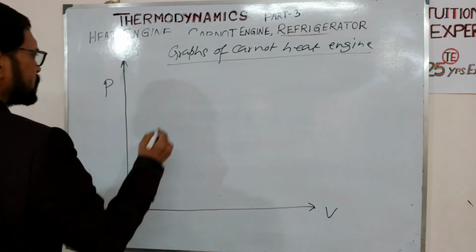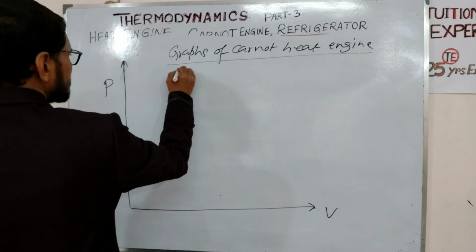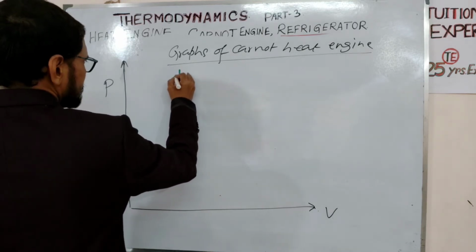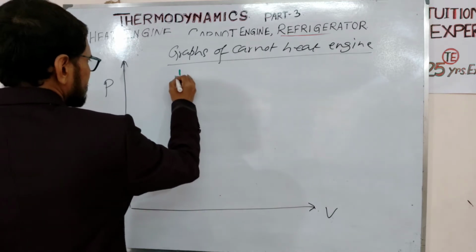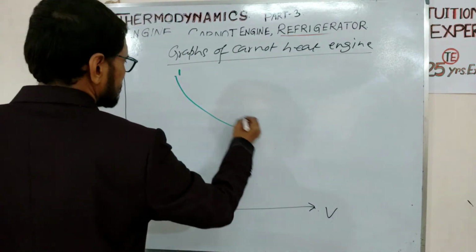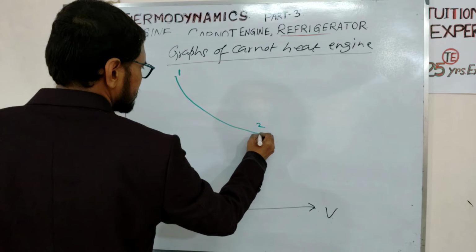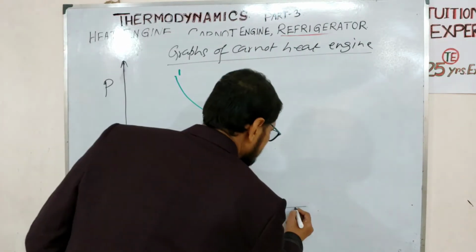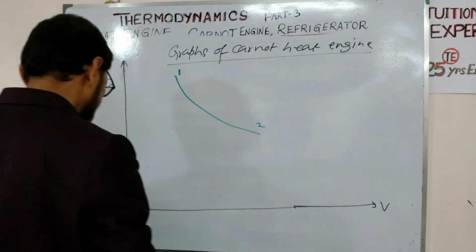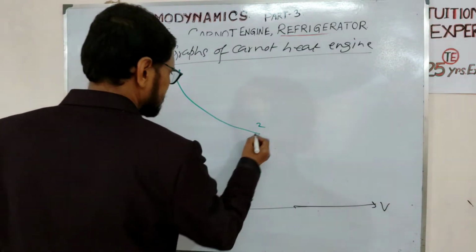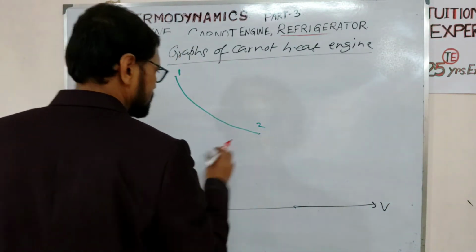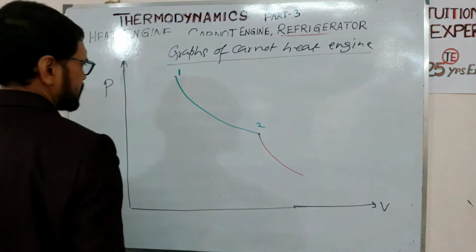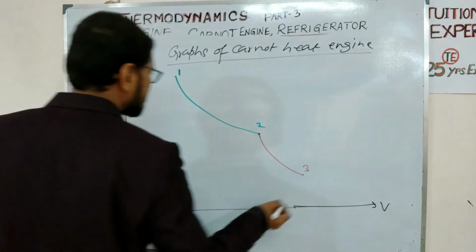Now, suppose the first process starts from point 1. First is isothermal expansion. Suppose this is point 1, this is point 2. Then adiabatic expansion from 2 to 3, suppose point 3.